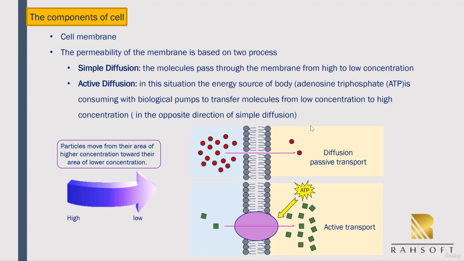As you can see in this lower image, an ATP molecule, or an energy source, abbreviated from adenosine triphosphate, acts on a molecule pump, and the pump will then take a low concentration molecule and put it into a high concentration. Because this goes against the gradient, it is considered to be active transport because it requires energy.